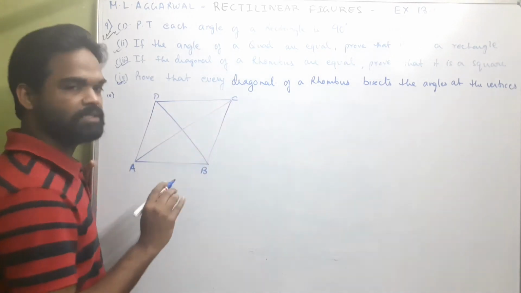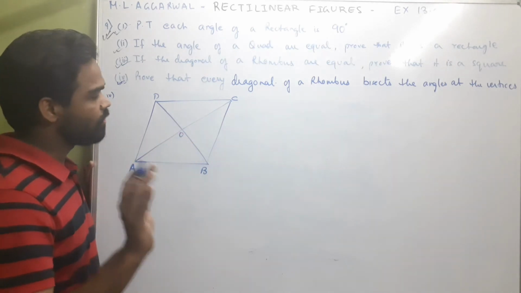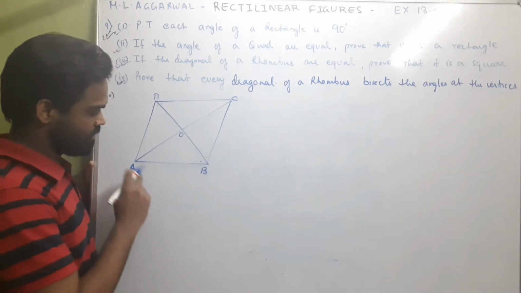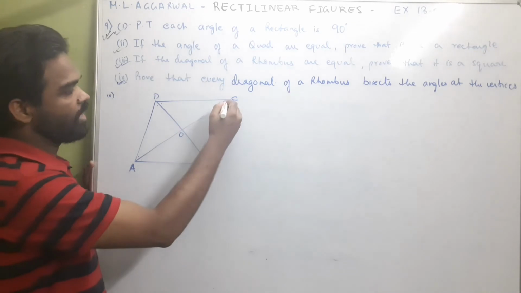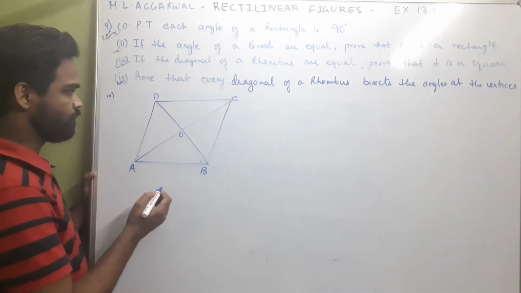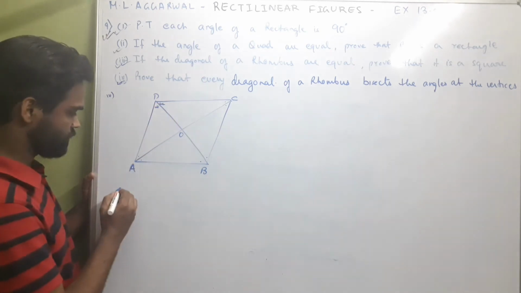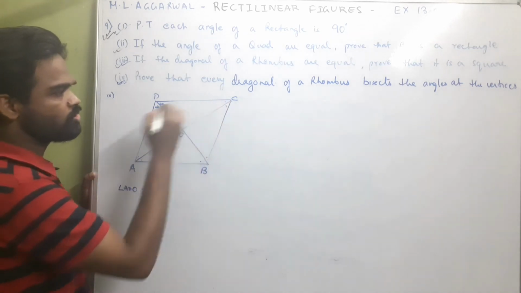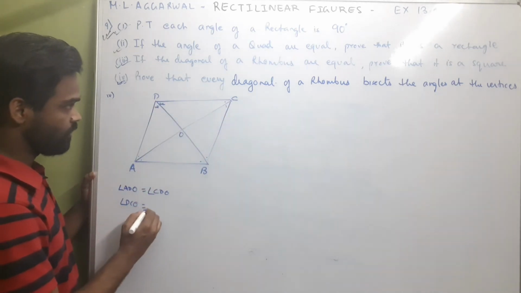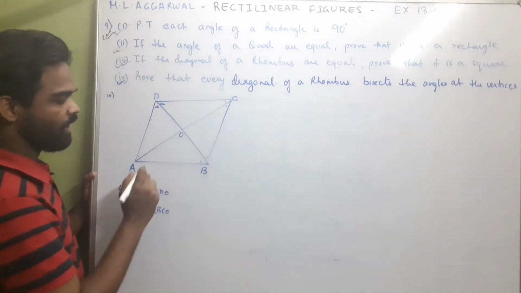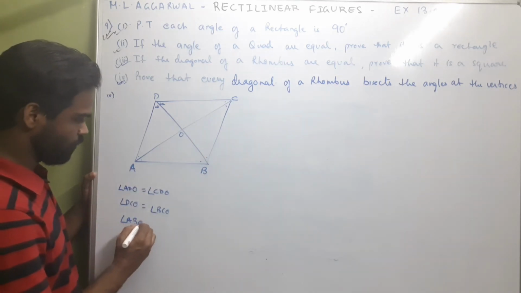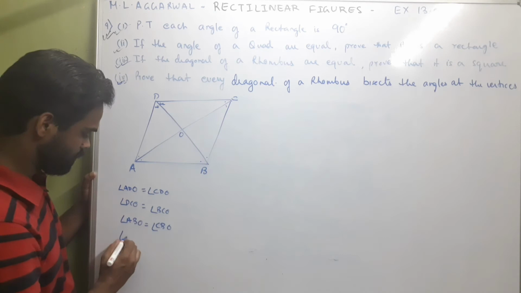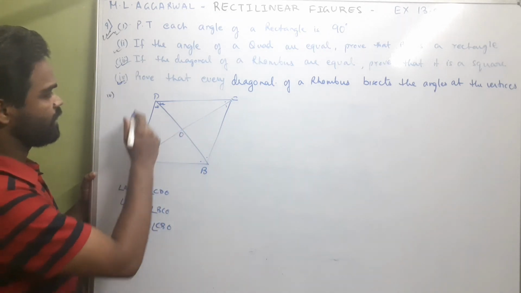BD and AC are the diagonals which intersect at O. We need to prove that BD bisects angle D as well as angle B, and AC bisects angle A as well as angle C. So in short, we need to prove that these two angles are equal: angle ADO is equal to angle CDO, DCO is equal to BCO, ABO is equal to CBO, and similarly BAO is equal to OAD.